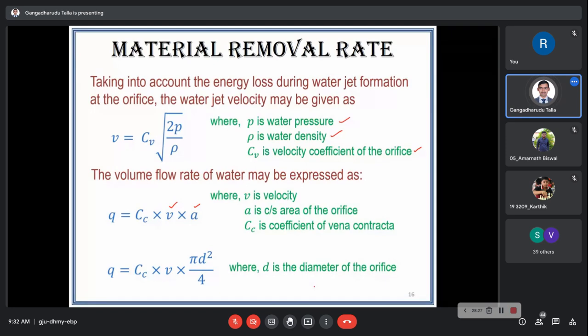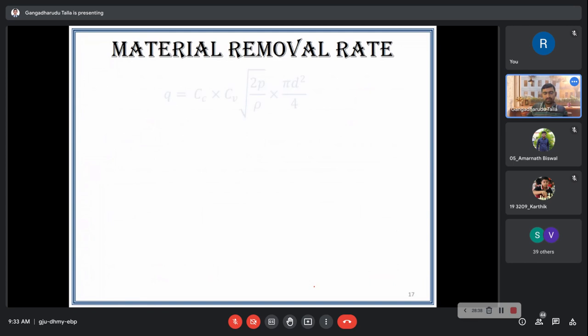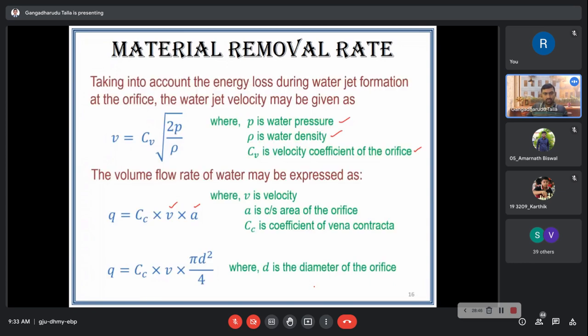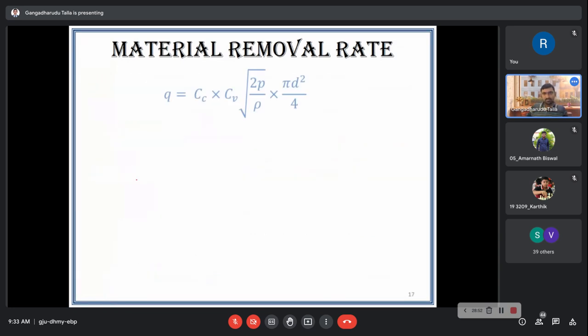Now you can see Q can be written as C_c into V into pi d square by 4, which is the cross sectional area. Q can be further written as C_c into V. For V, we are using this formula now, C_v times this one, and pi d square by 4.